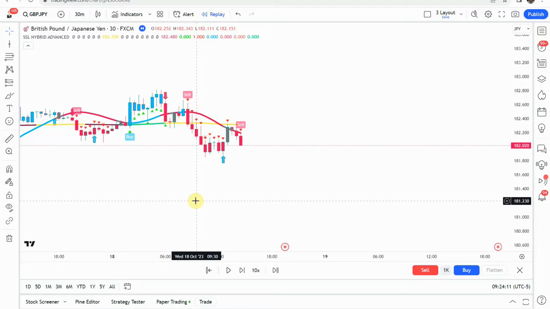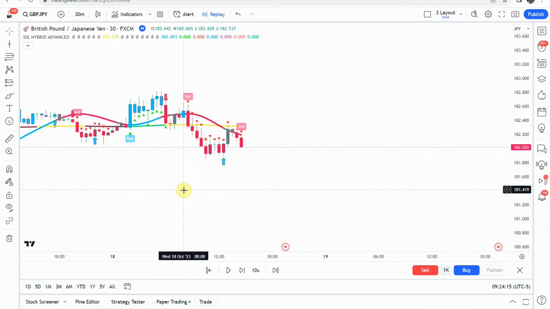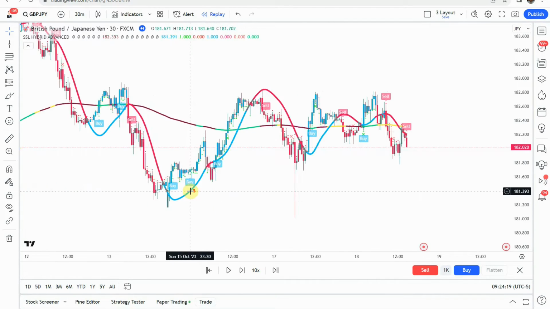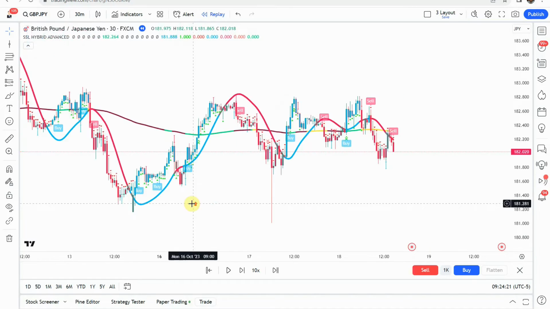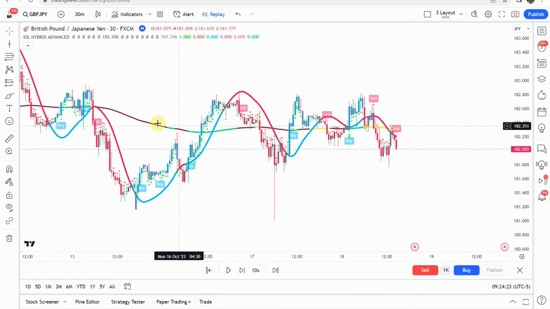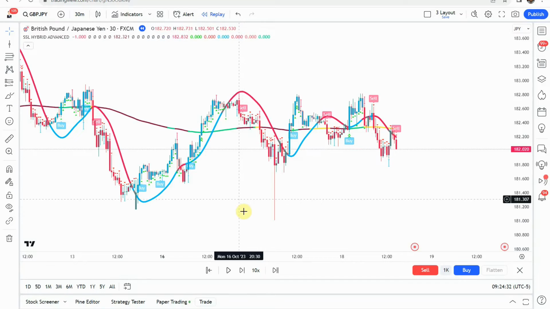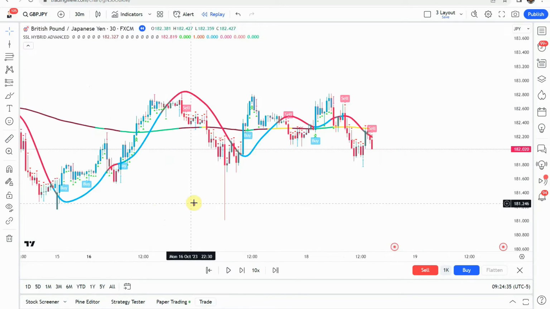Alright, so this is the SSL Hybrid. It's an advanced version of the SSL Hybrid, and it's a quite popular indicator. We'll go ahead and scroll back here just a little bit so we can see. Now the 200 EMA, this line right here, is going to be our overall trend direction. When price is trading below it, we're looking for sell signals. When price is trading above it, we are looking for buy signals.